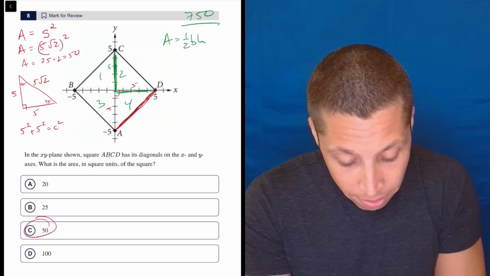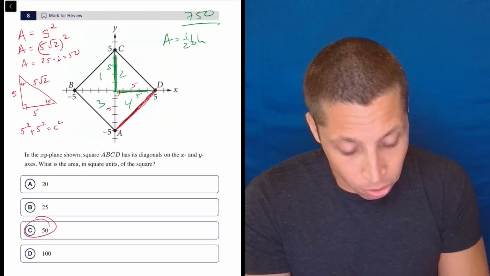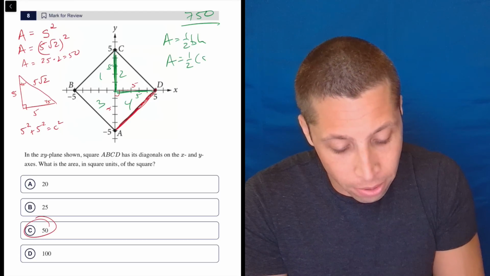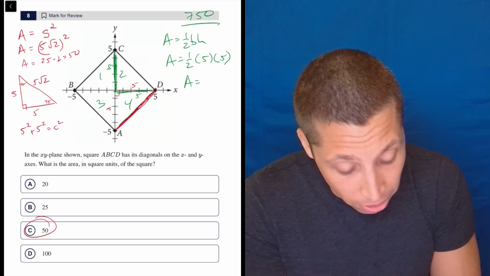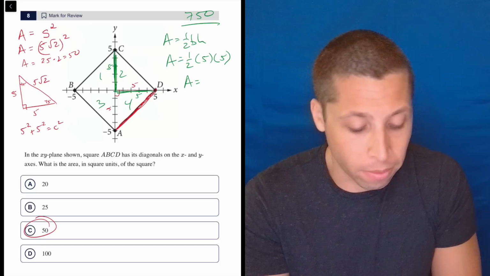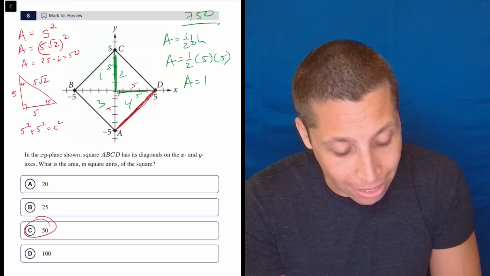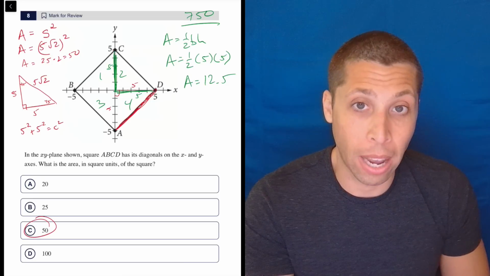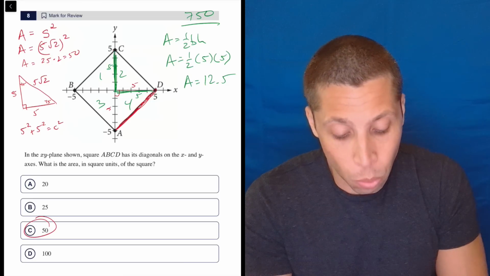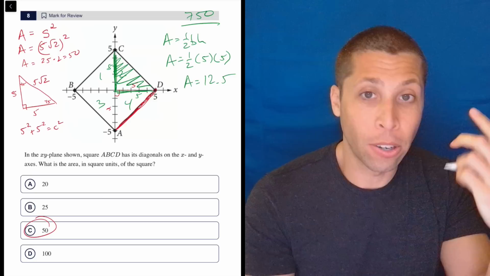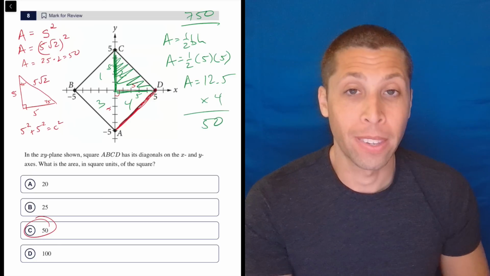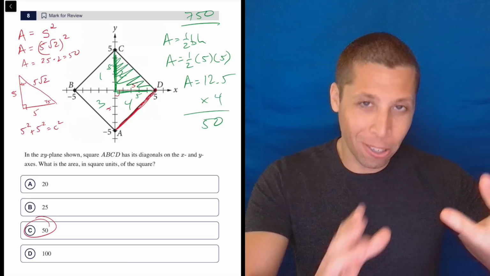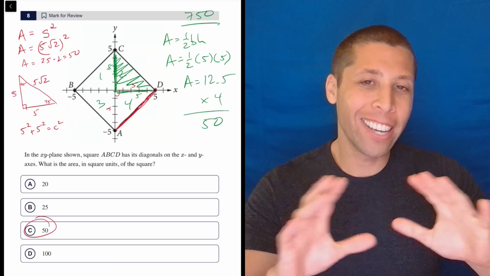It's 5 units on each side. So area is 1/2 times 5 times 5. 5 times 5 is 25, 25 divided by 2, you can just leave it as that, or that's 12.5 if you're using your calculator. Okay, well that's one triangle, and there's 4 of them. Times 4 is 50.